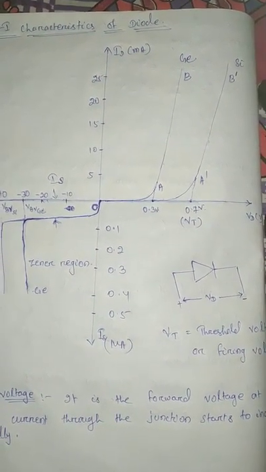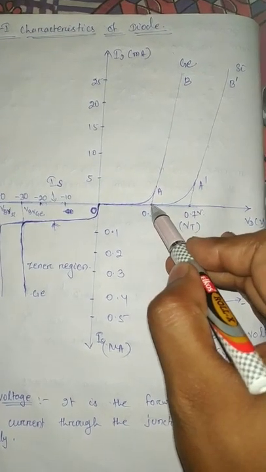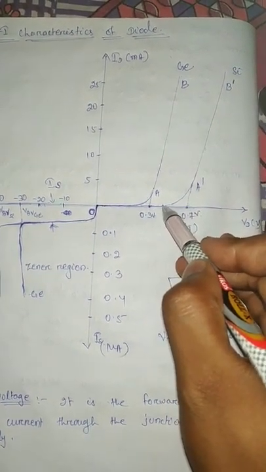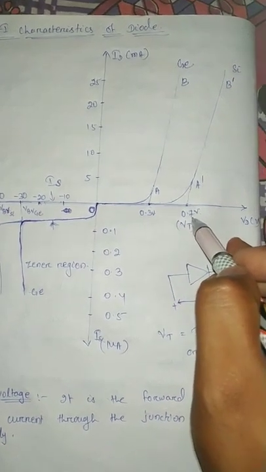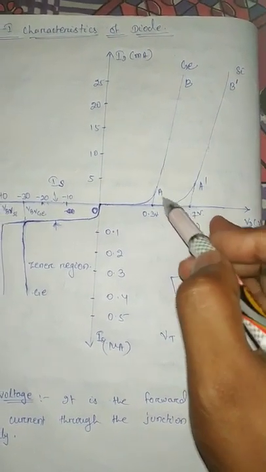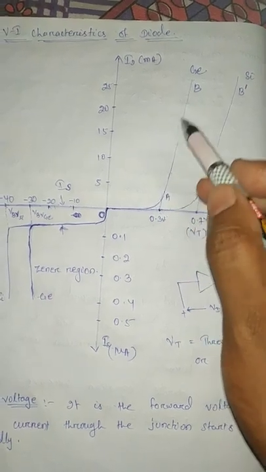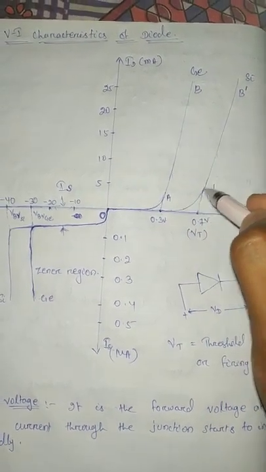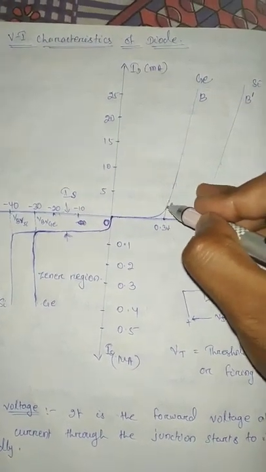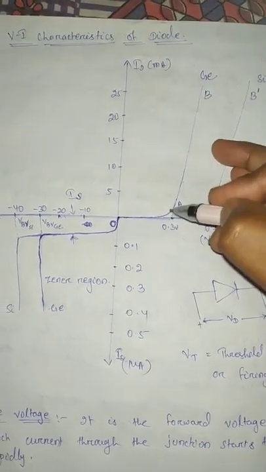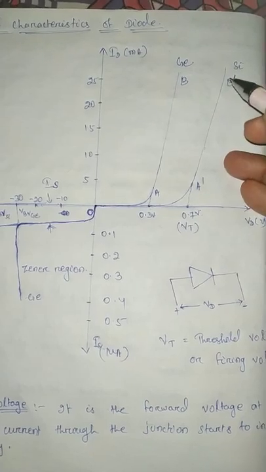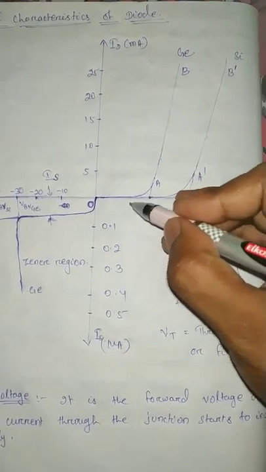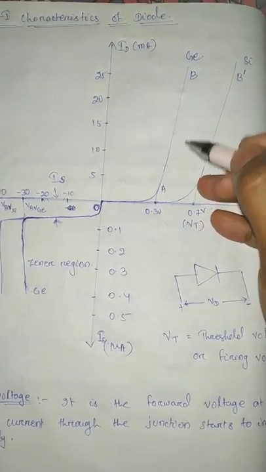However, once the voltage is increased beyond that barrier potential voltage, that is 0.3 volt for germanium and 0.7 volt for silicon type diode, the current starts to increase very rapidly. As you see in this graph, the portions AB for the germanium diode and A'B' for the silicon type diode show a very sharp rise in the current.